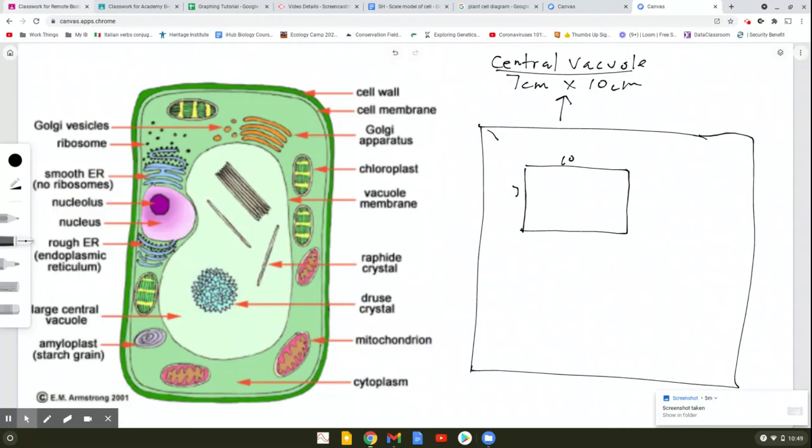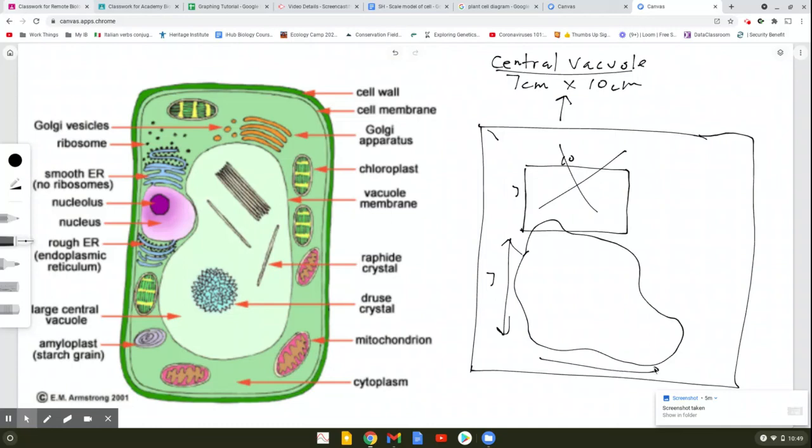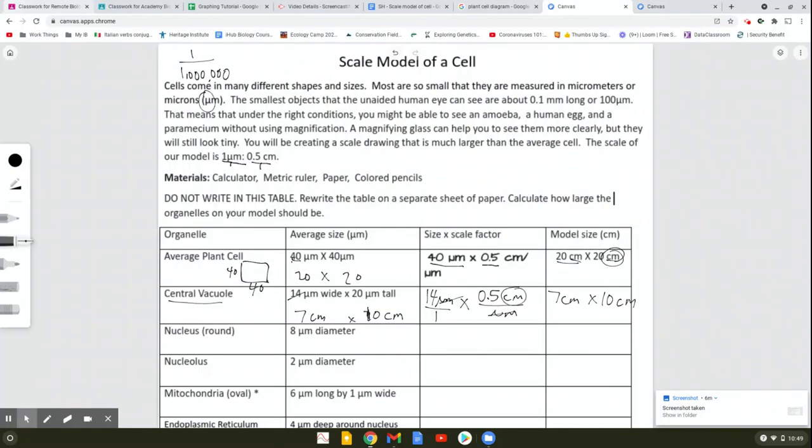You can look up other pictures online too. So for that central vacuole, I might draw a kind of big blob, but it was about 7 this way and about 10 this way. I want you to actually measure it and make them that size, and that's what I'm going to be checking for. All right, cool.